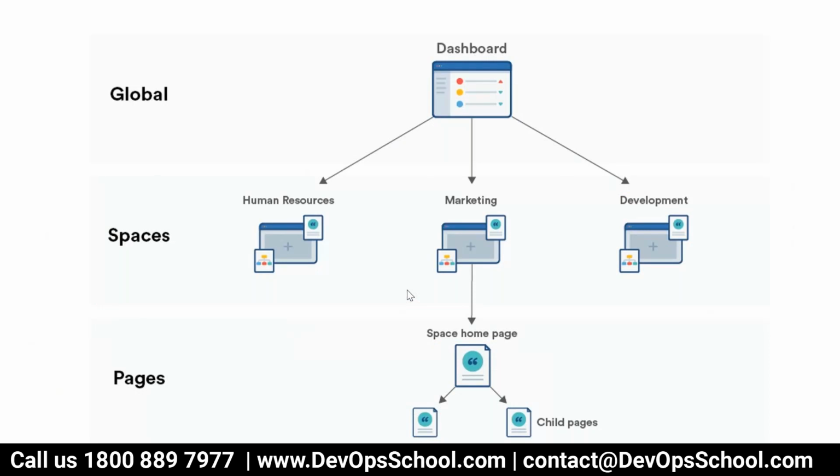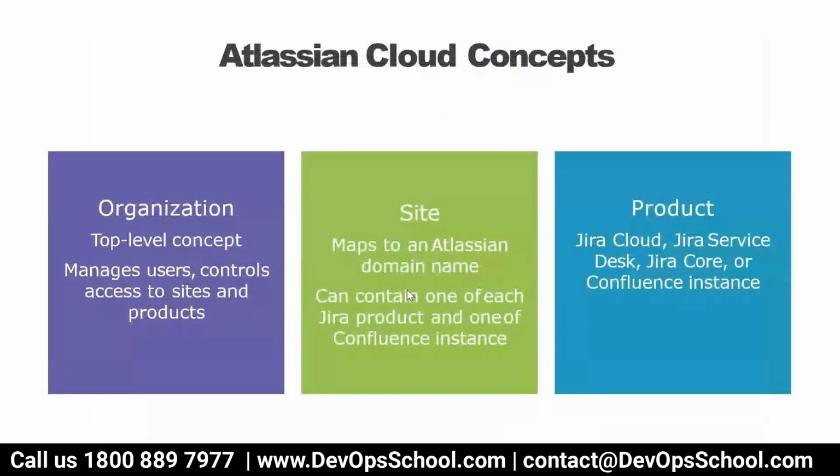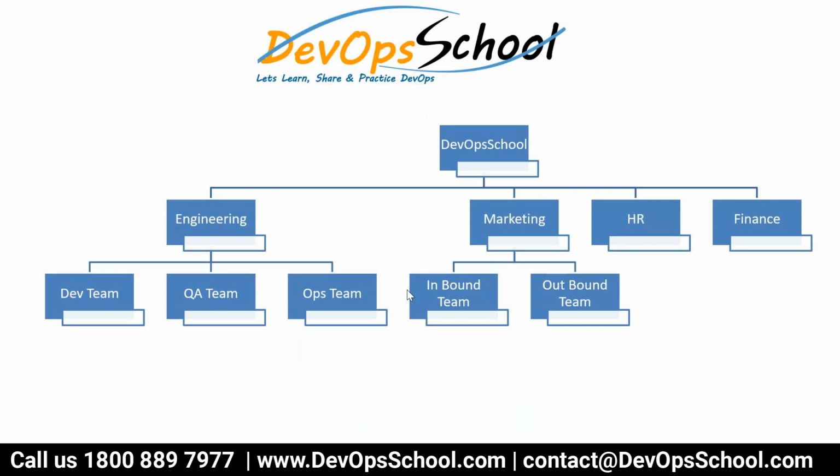Okay, so this is a structure you see. Global site, you have multiple spaces, and in each space you have pages, a home page and child pages. You also have organization, site and product, which is for the cloud concept, the site which we created, and then we'll come back to the spaces. So this is a structure you may follow if you want. Here you have DevOps School as an organization.